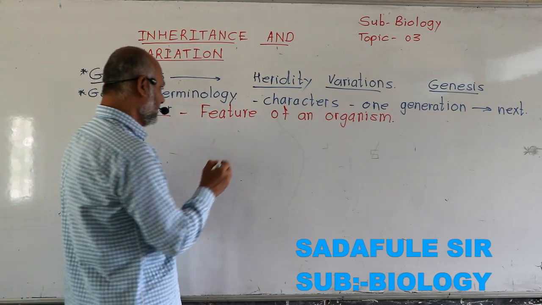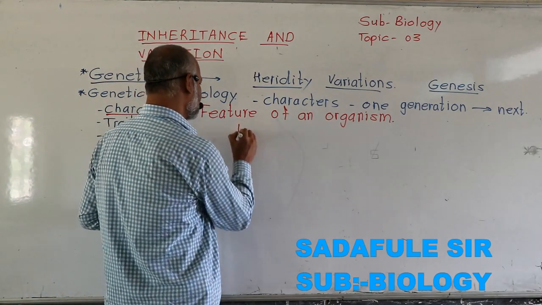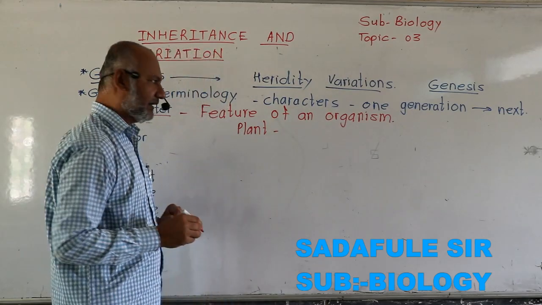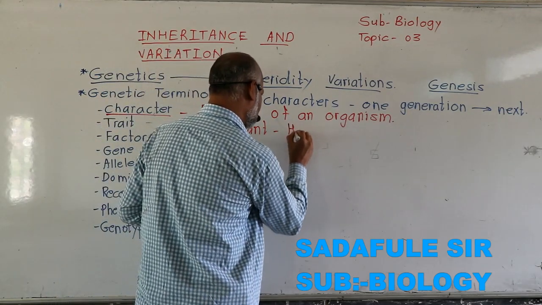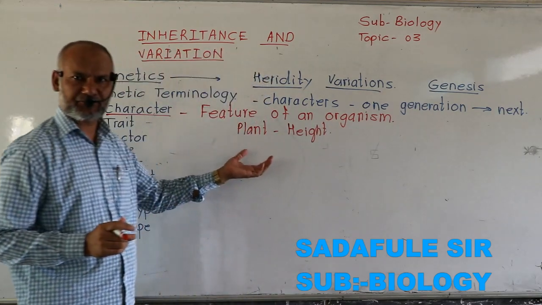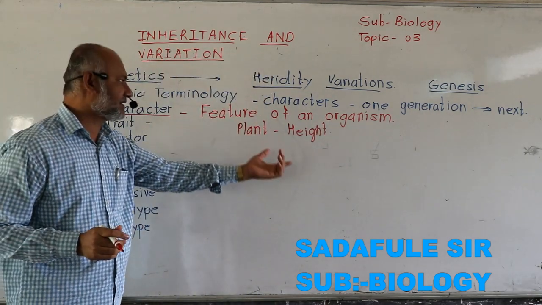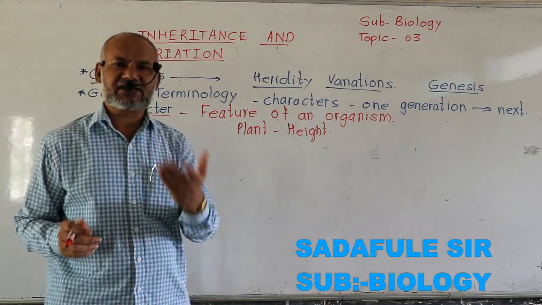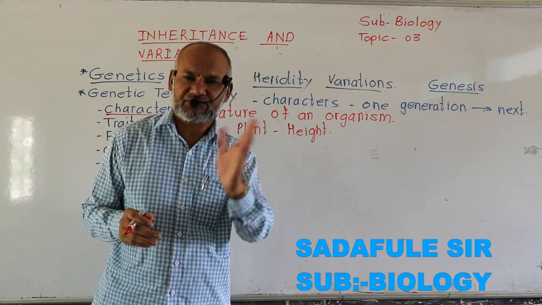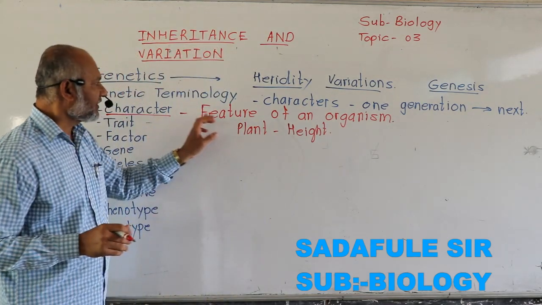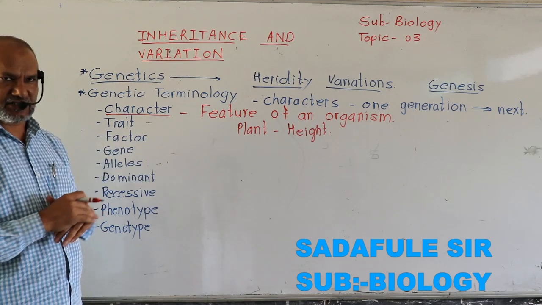Example: suppose there is one plant, any plant, then the height of the plant is a character. Similarly, color is a character. Shape of the seed is a character. Character is the feature of an organism.